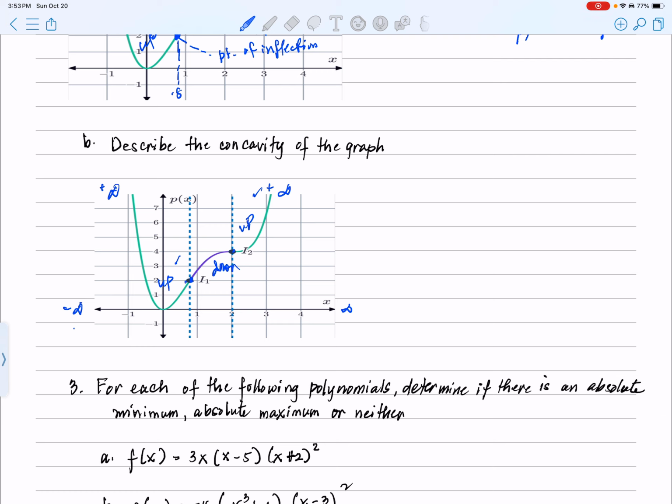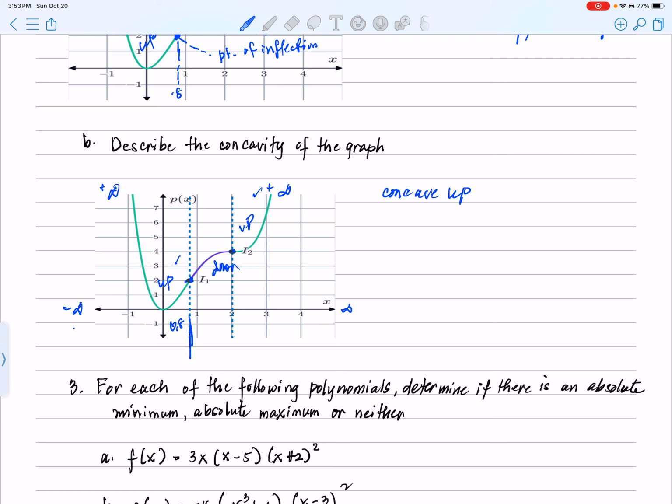So in the concave up, let's have the interval. As I've said, this is a 0.8 up to here. And I made that as an approximation.